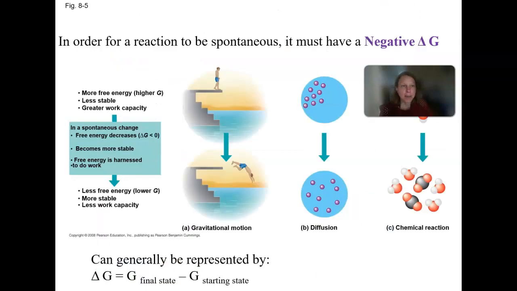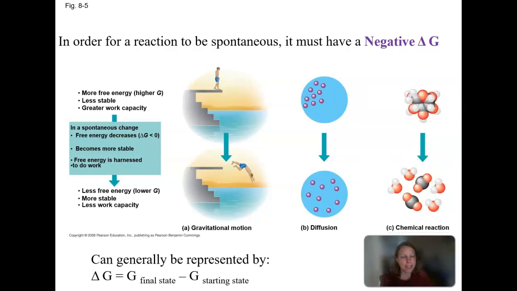All right, back to thermodynamics. So in order for these reactions to be spontaneous, they have to have a negative delta G, a negative change in free energy. So this is 4 different ways of basically saying exactly the same thing. Let's go back to our divers.